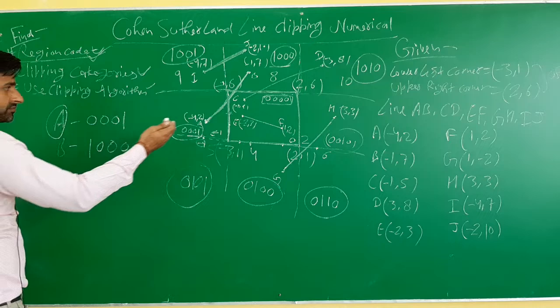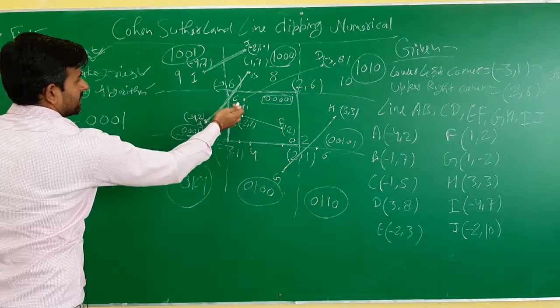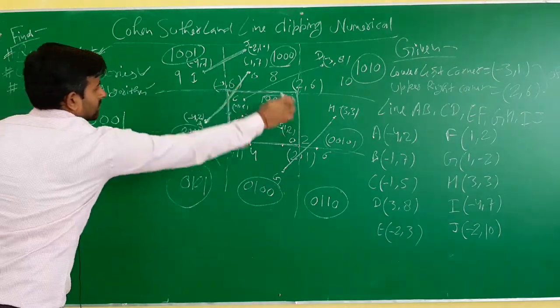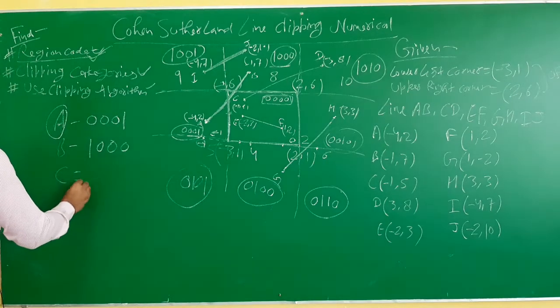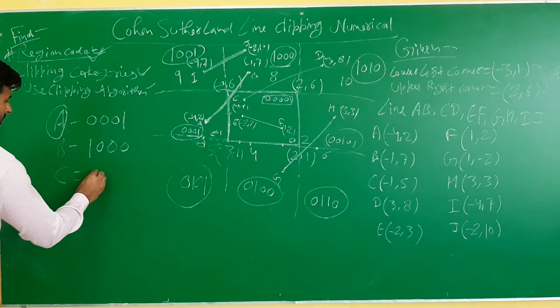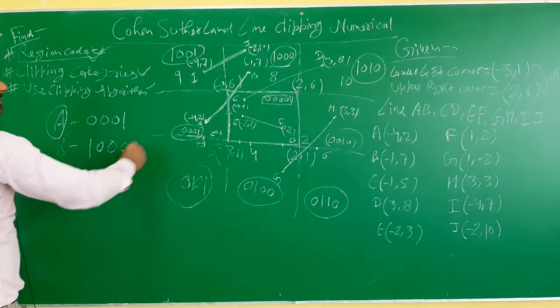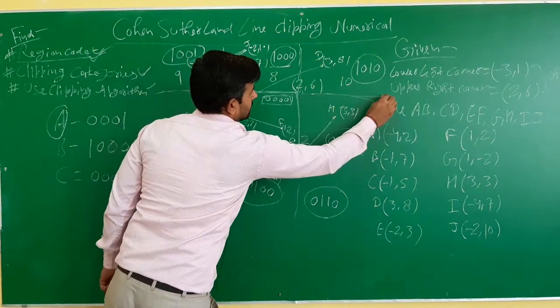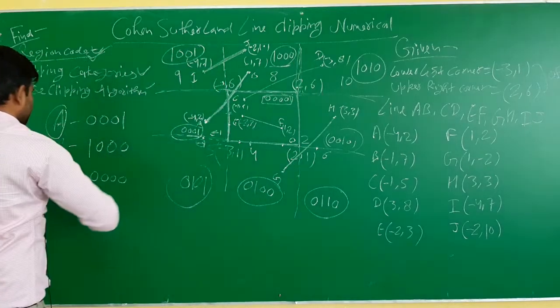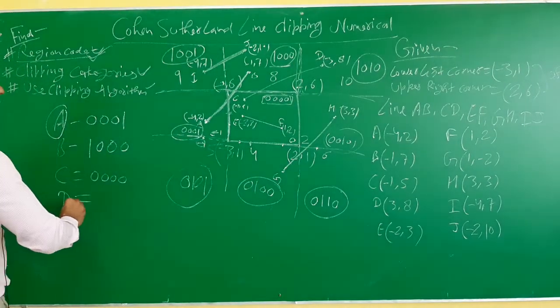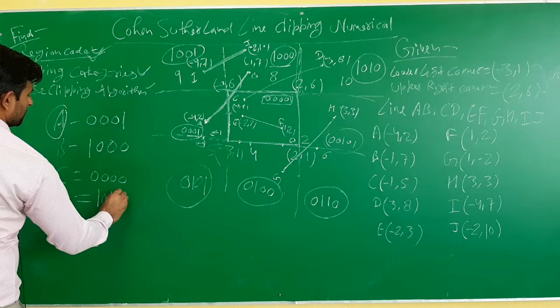Clear? C lies within the window, so C has the region code 0 0 0 0. D lies in this section, then D has the code 1 0 1 0.